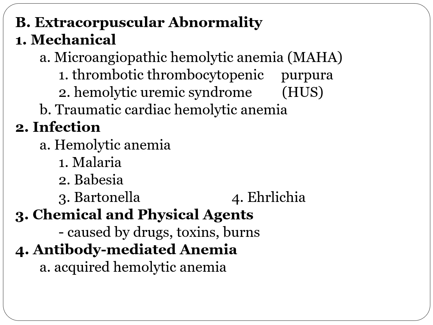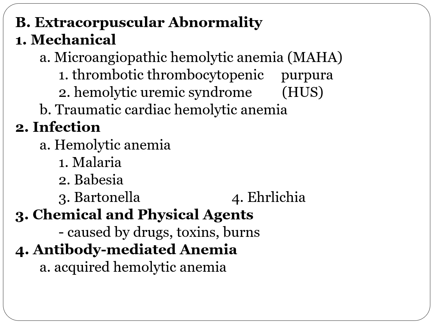Under MAHA, we have four conditions or diseases associated. We have the TTP or the thrombotic thrombocytopenic purpura. We have the HUS, the DIC, disseminated intravascular coagulation, and HELLP. HELLP means hemolysis, elevated liver enzymes, low platelet count. Infection, malaria caused by malaria, Babesia, Bartonella, and Ehrlichia.